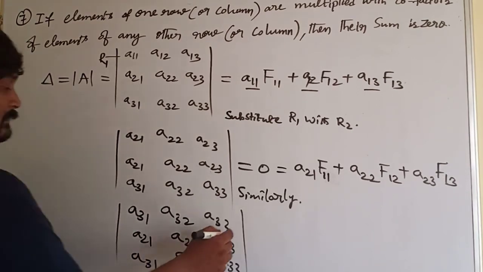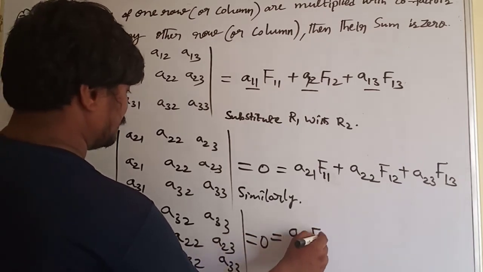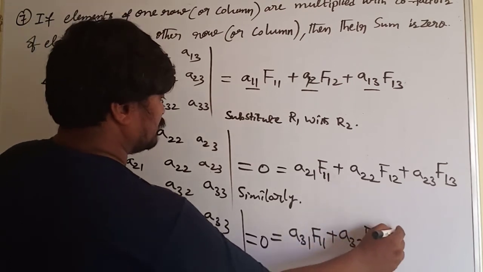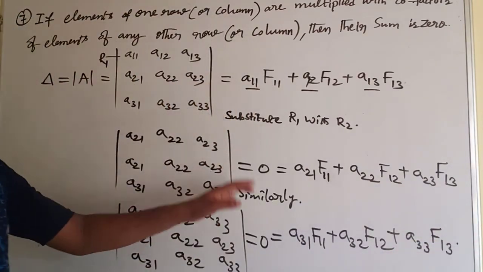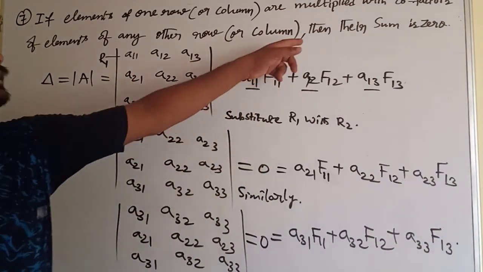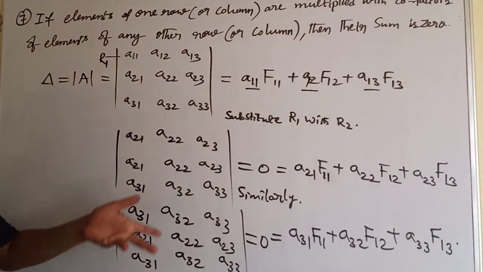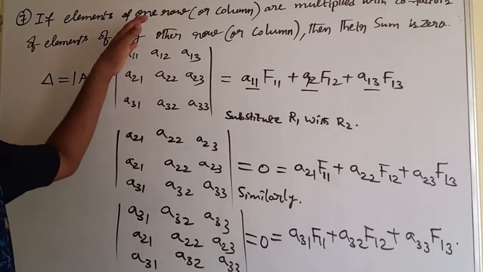Two rows being identical means the determinant becomes 0, that is equal to A31 F11 plus A32 F12 plus A33 F13. So however you get the answer as 0, that means the sum should always be 0 when you interchange, or we can say when you substitute the first row with the second row.